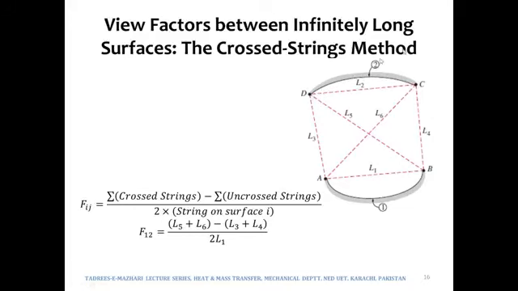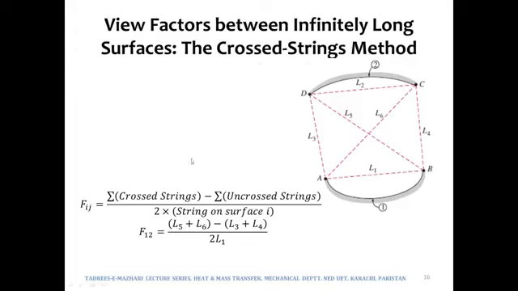Over here there are two surfaces. This surface is 1, and they do not have any particular shape, and this is surface 2. If we want to find out Fij, or F12 or F21, we use Hottel's cross string method.